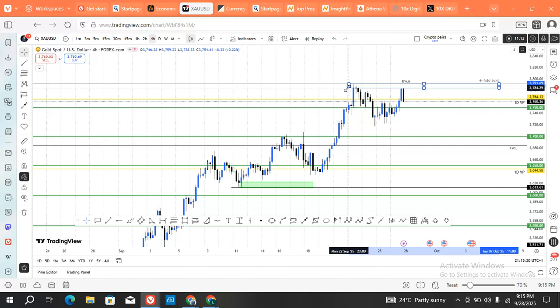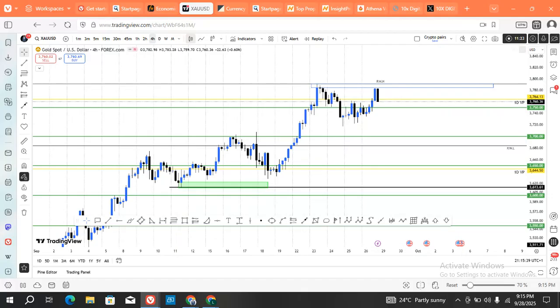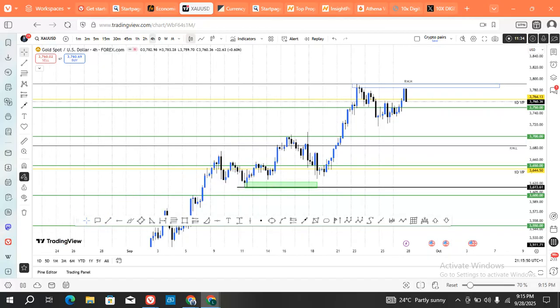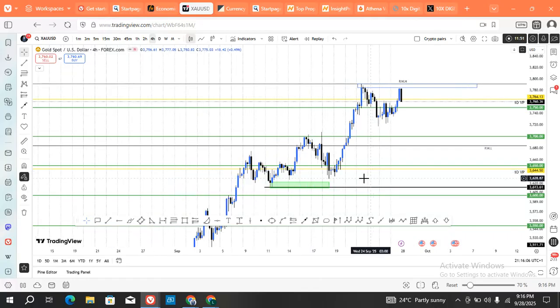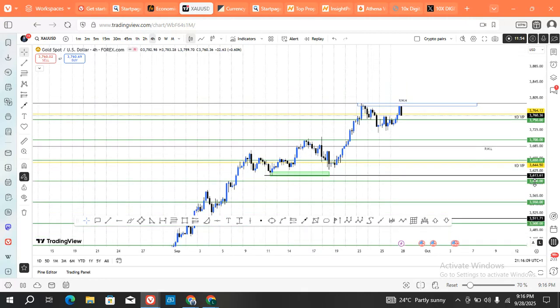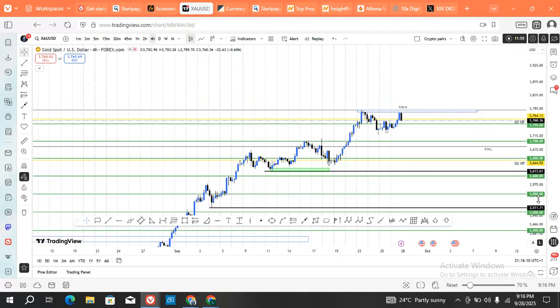Since this is gold, this is a much better area of concentration for gold. Then the demand zone for gold is all the way down here.